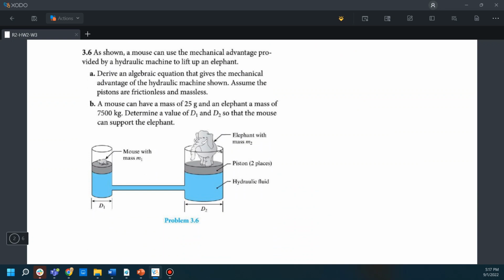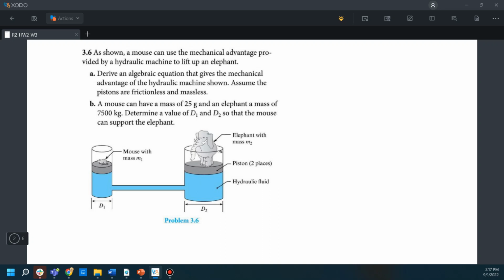So in this problem 3.6, as shown in this figure, a mouse can use the mechanical advantage provided by the hydraulic machine to lift an elephant, and the problem asks us to derive the algebraic equation that gives the mechanical advantage of the hydraulic machine shown here.